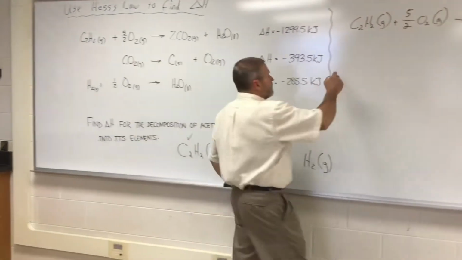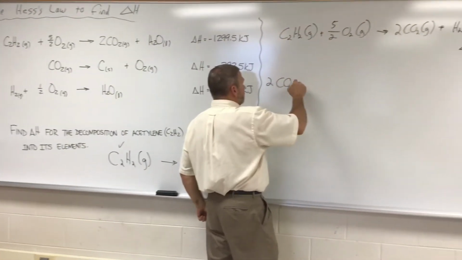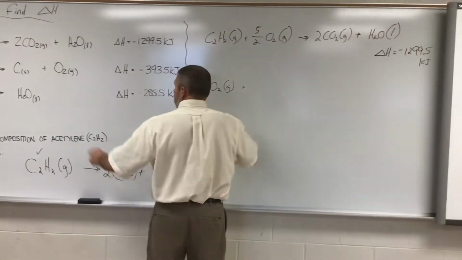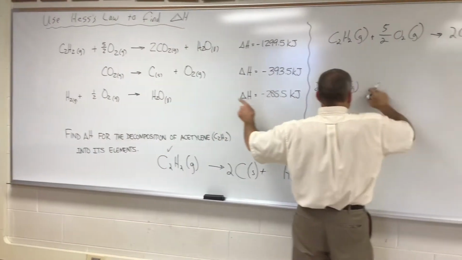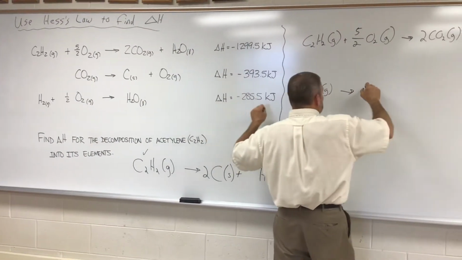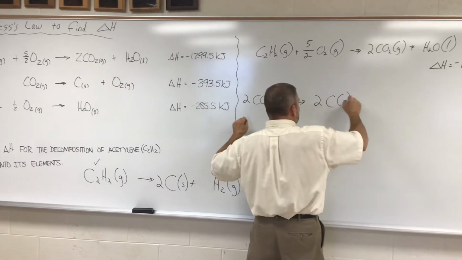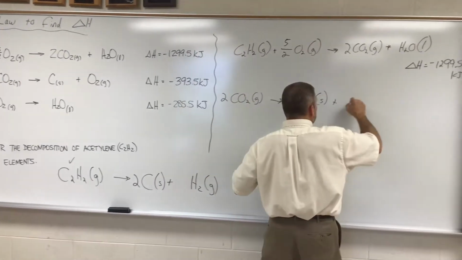So I'll have 2 CO2 yields 2 carbon plus 2 O2s.